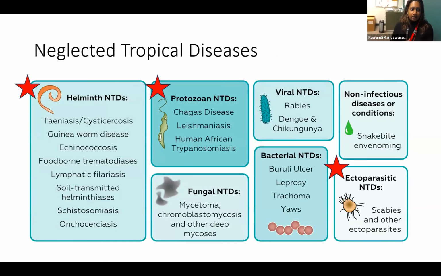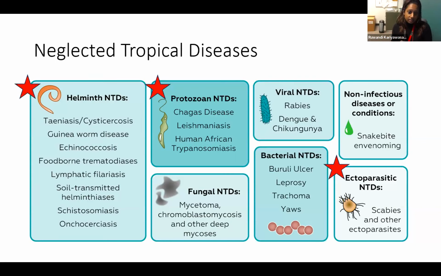So this is a table highlighting the 18 groups of infectious diseases caused by, yes, parasites, viruses, and bacteria that make up a group called neglected tropical diseases. These diseases disproportionately affect those who are often poor, and they cause significant health and financial burden.